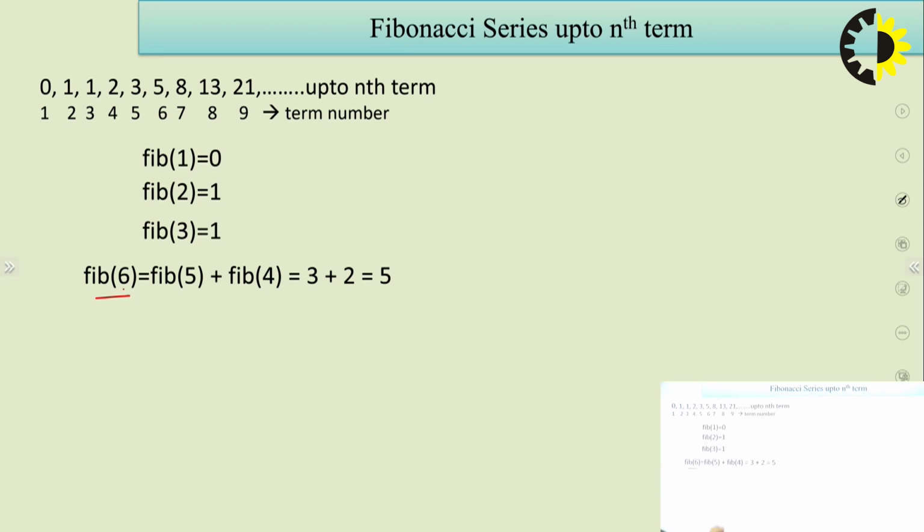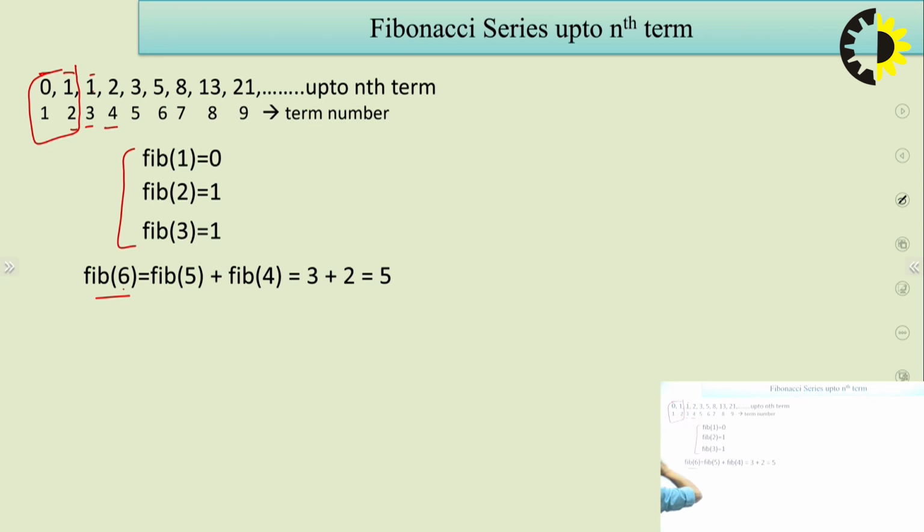Fifth term is 3, fourth term is 2, 2 plus 3 is 5. The first term is 0, then 0, 1: this is the first term, second term, and this is the third term, this is the base case. How to get the third term? 1 plus 0 equal 1.